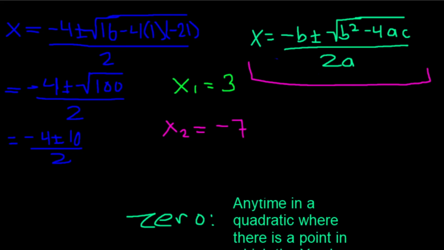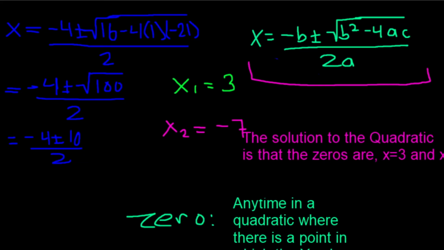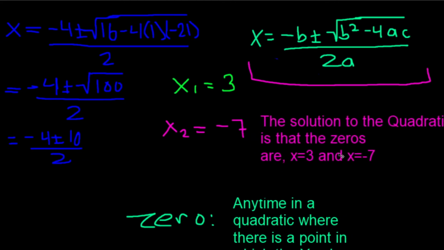You could write a concluding sentence: the solution to the quadratic is that the zeros are x is equal to 3 and x is equal to negative 7. This states that after we use the quadratic formula, we now know that the zeros are negative 7 and 3.